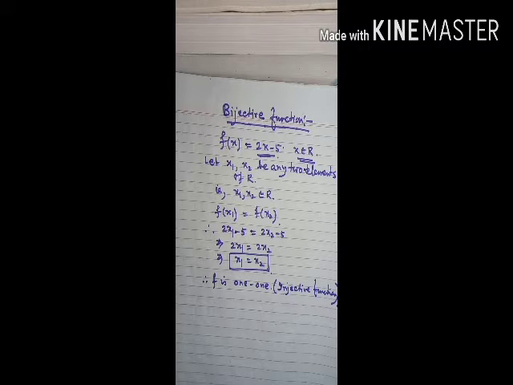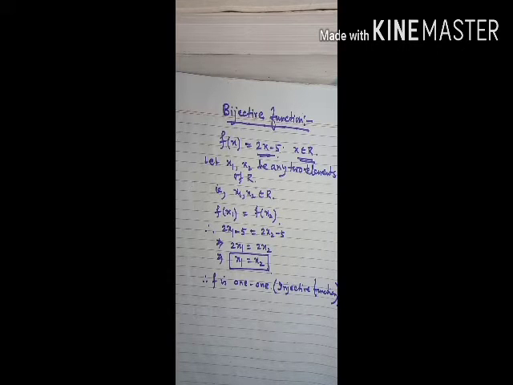Here, if we consider two sets A and B, the element x1 belongs to A and x2 belongs to B, so one set to another set relation is there. So x1 equal to x2. So here f is one-one, that is injective function.